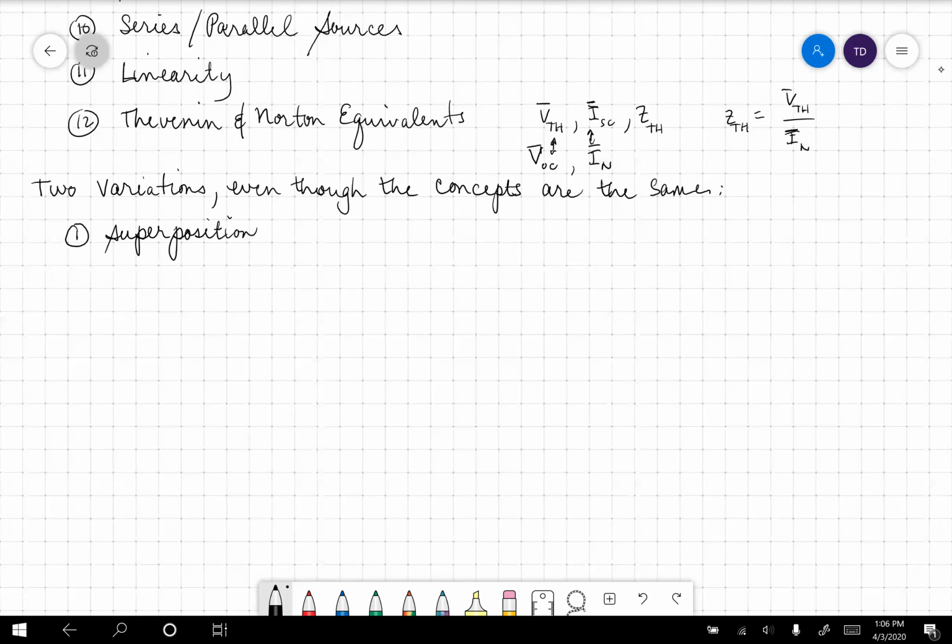I told you a long time ago, it seems like a long time ago, we did superposition. I told you it was stupid position because there was no need to break it up into smaller circuits. Superposition is a must in phasor circuits when you have inputs that have different radian frequencies.